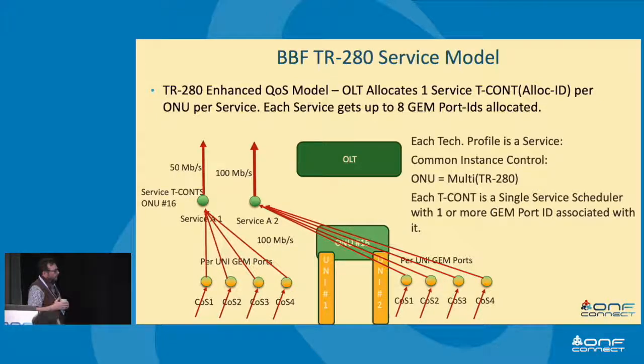In AT&T's case, it is a kind of hybrid scheduling model where some GEMs are round robin, weighted round robin, some are strict priority, and basically the OLT gets the technology profile and the OpenFlow messages, and it generates the OMCI MEs down to the ONU to configure this service.